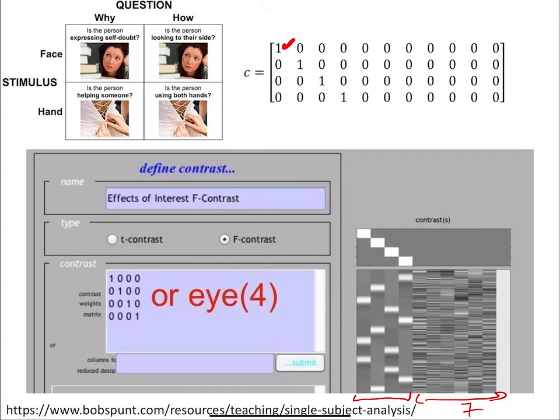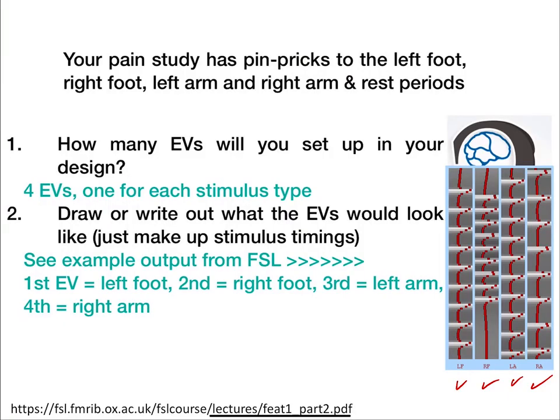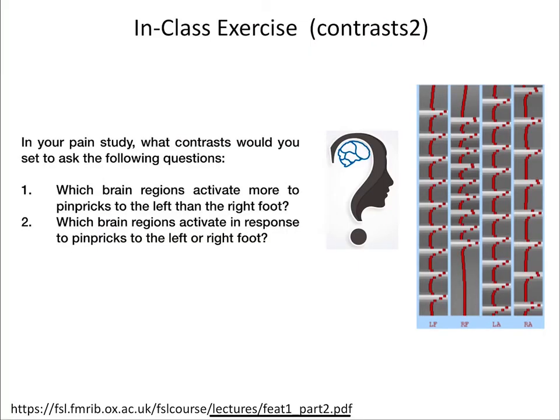Each of these rows is picking out the variable you care about, and then you're having zeros for all the things you don't care about. So this would be a contrast matrix for an F statistic, where you're saying, did any of my stimuli give rise to an activation? Okay. Whereas, okay, so this is our second exercise. So basically, let's see.